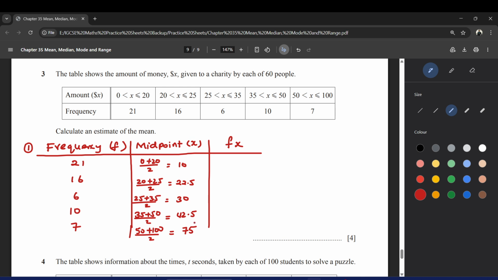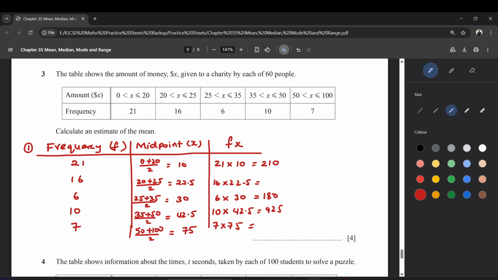So the first one is 10, then 22.5, 30, and 42.5, 75. All right. Now the fx values will be 21 times 10. So this would be 210. 16 times 22.5. Then we have 6 times 30. This would be 180. Then 10 times 42.5. This would be 425. And 7 times 75.